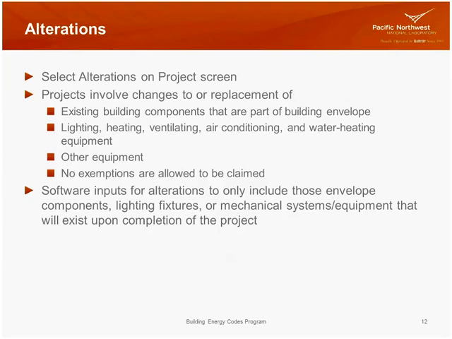So it is only the portions of the building envelope that you're touching. Or for lighting, it's only the space that you're renovating, and there are exemptions that apply. The same would have to do with mechanical equipment. There might be some exemptions that apply to mechanical if it's a replace like for like. And I'll show you just very quickly some of the differences between the alterations features that are in the tool versus new construction and addition.